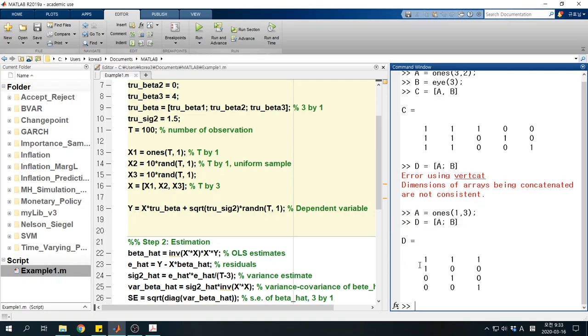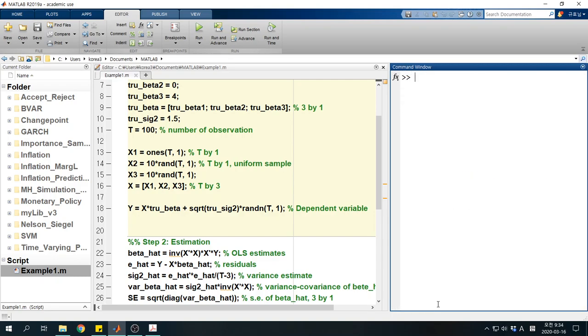Now you see that the first row is matrix A. The last 3 rows are matrix B, right? So then now we have a new matrix, and its dimension is now 4 by 3. Okay. This is how you connect the matrices in row or in column, whenever you want.